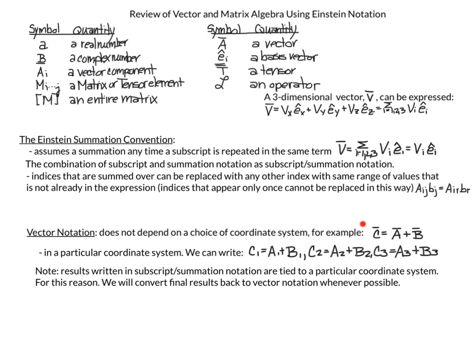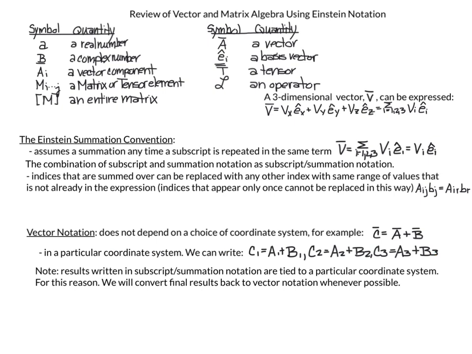So when we write equations, when we just talk about vectors like c bar equals a bar plus b bar, this does not depend on a choice of coordinate system. However, when we then go and talk about components, c1 equals a1 plus b1, c2 equals a2 plus b2 and c3 equals a3 plus b3, at this point, the c1, c2, c3 are coordinates in a coordinate system.